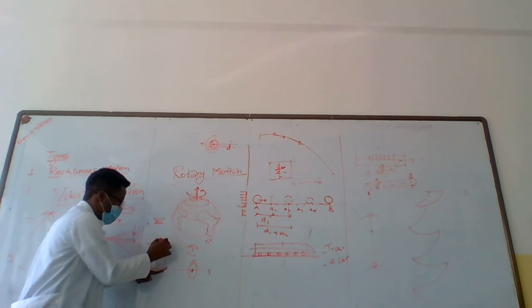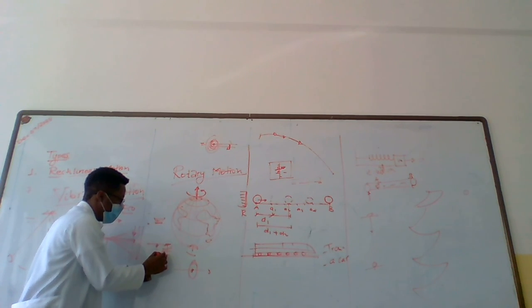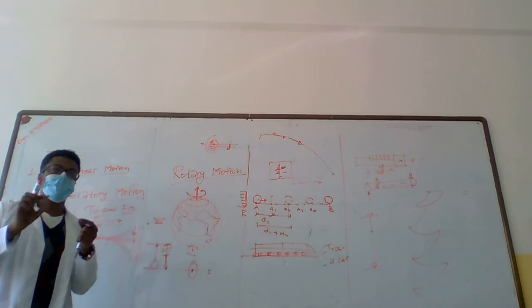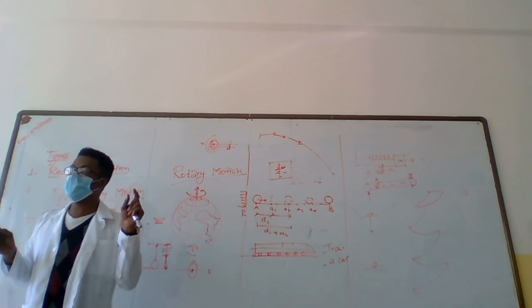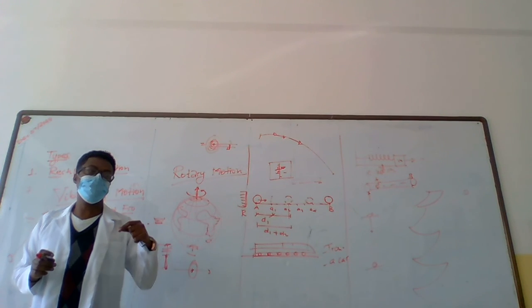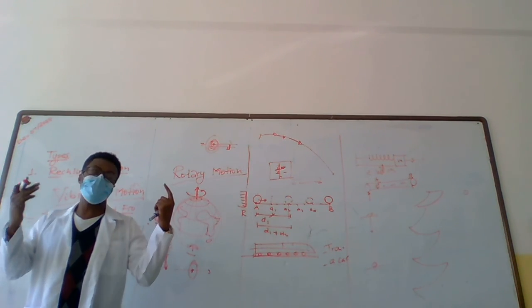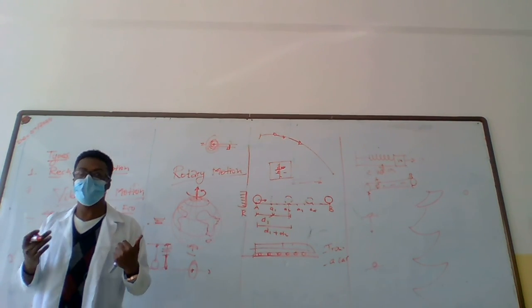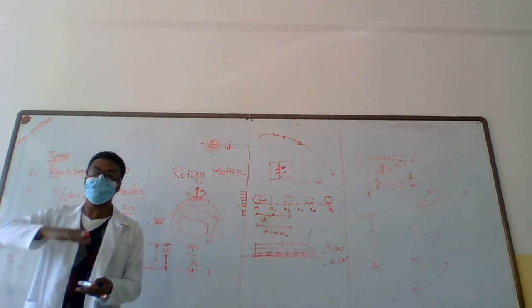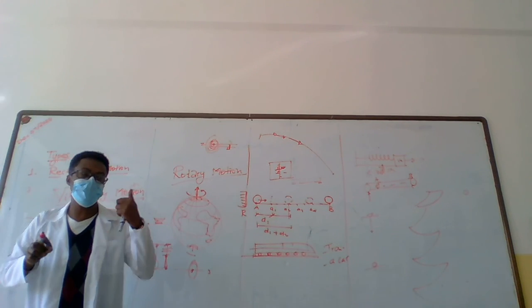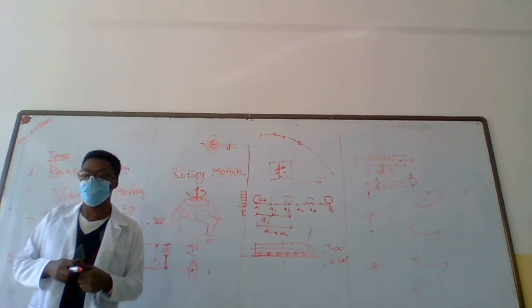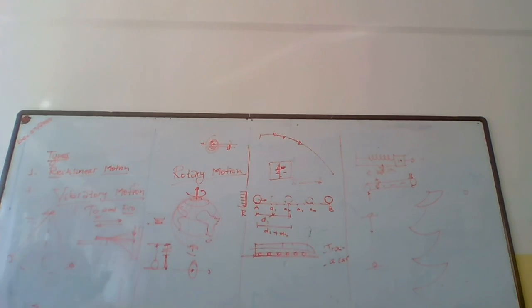Even if it is declining from time to time, the vibration has a small displacement because the energy is dissipating as sound and heat. That's why it's not vibrating in a fixed position. Okay, so these are the 4 types of motion that you need to know.